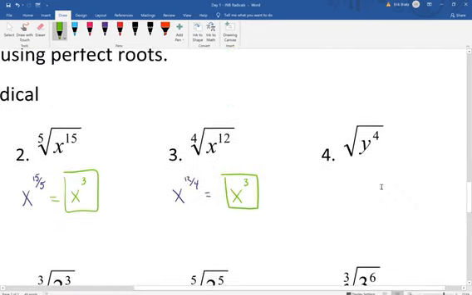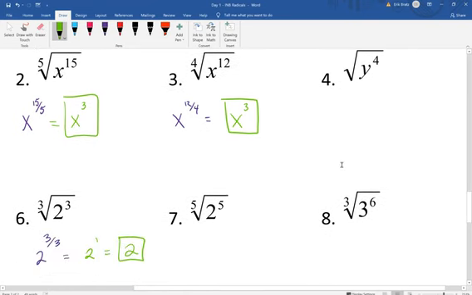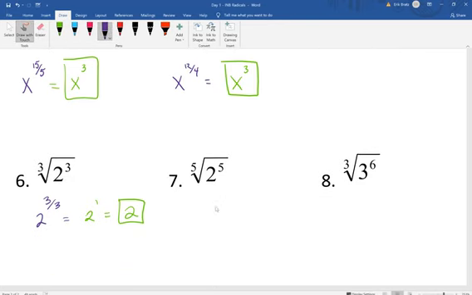Oh, and it looks like I might have missed one. We'll jump back up to number 4 here in a second. On number 7, continuing this trend of getting an answer of 1, we have 2 to the 5th over 5, which will be 2 to the 1st, which is just 2.